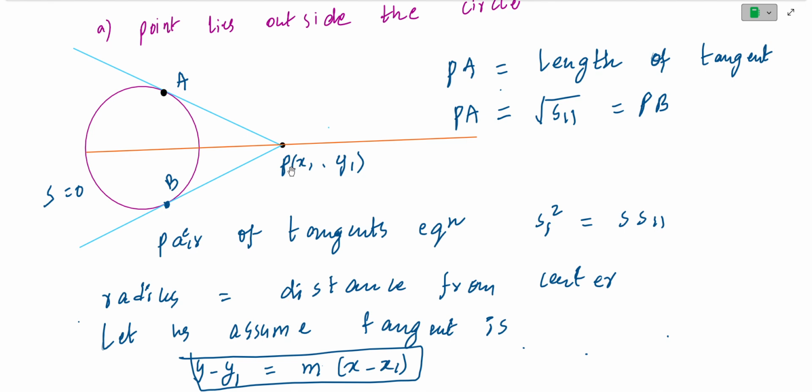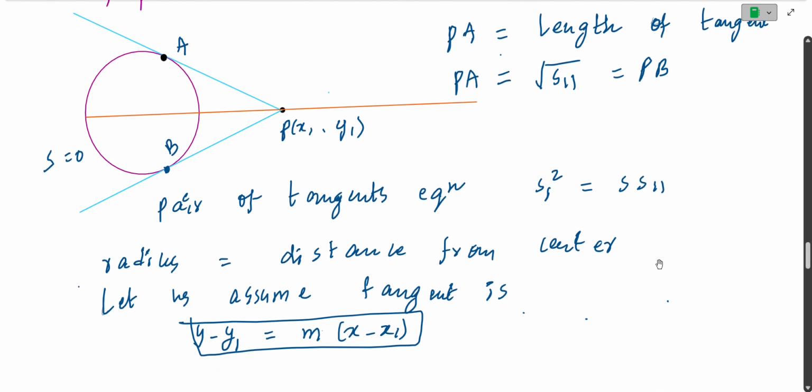We have discussed the pair of equation of tangents, that is S1 square is equal to S into S11. We can also find the equation of tangents using the condition that radius is equal to the distance from the center of the circle to the straight line. We have discussed whether both the procedures give the same answer or not. And then we found the length of the tangent.